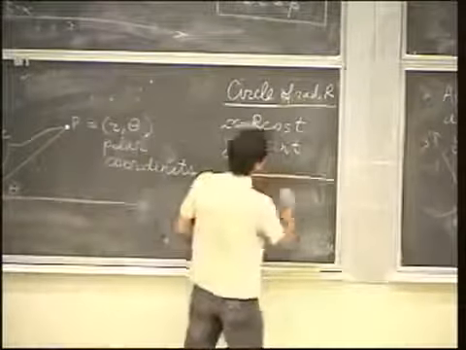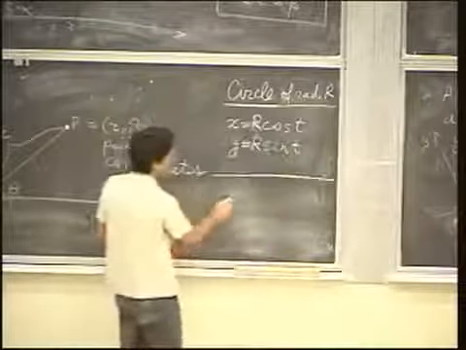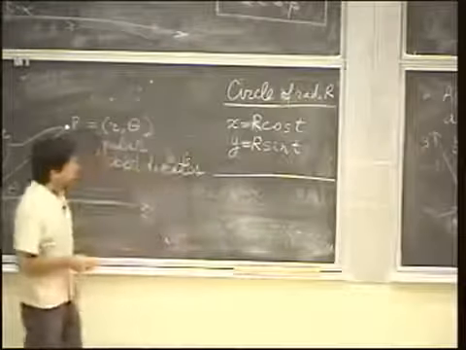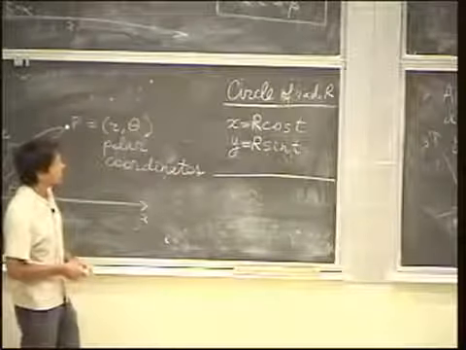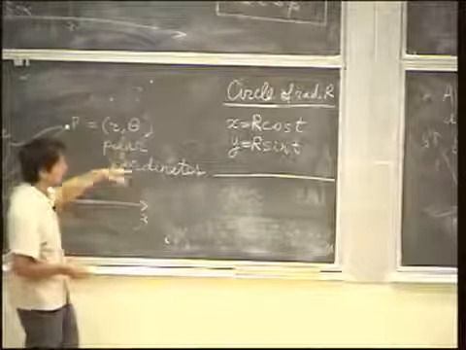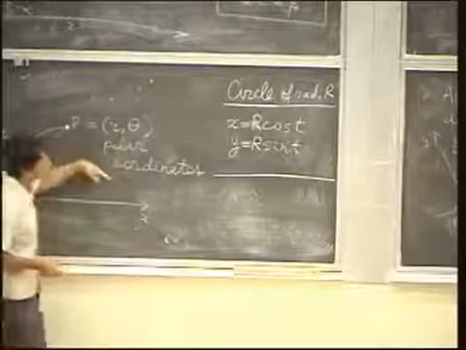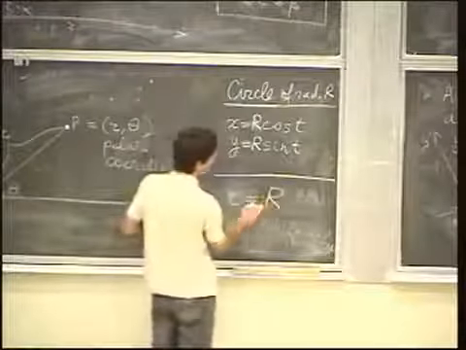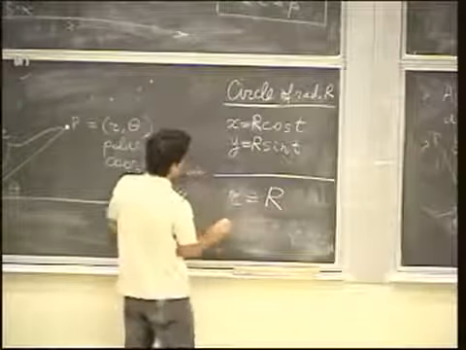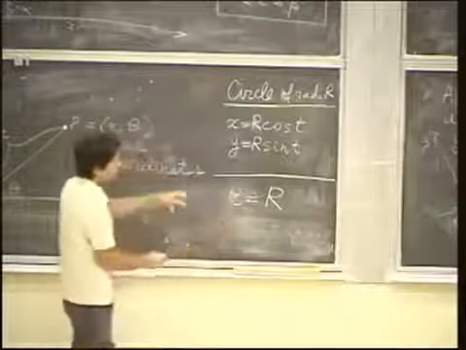On the other hand, in polar coordinate system, we can try to write equations for this curve as well, for the circle as well, using this new coordinate system, and the equation will simply be r equals R. So this is in polar coordinate system.